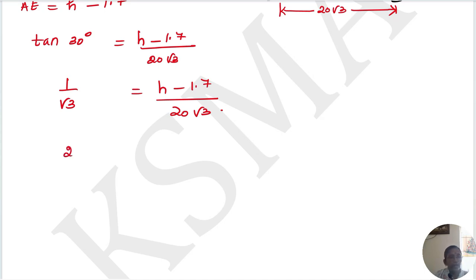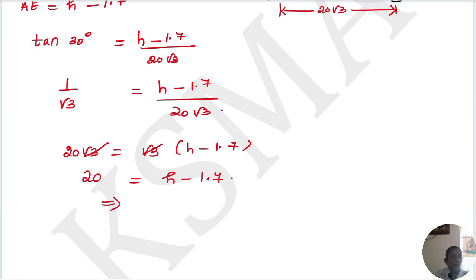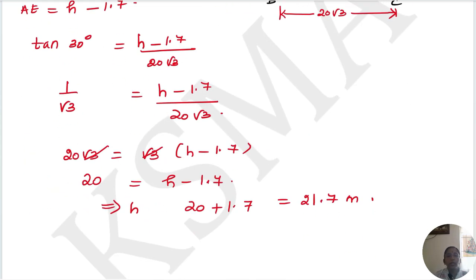So H times 20 root 3 is equal to root 3 times H minus 1.7, and this root 3 and root 3 will get cancelled. So 20 is equal to H minus 1.7. So H is equal to 20 plus 1.7, that is equal to 21.7 meters. That is nothing but the height of the tower.